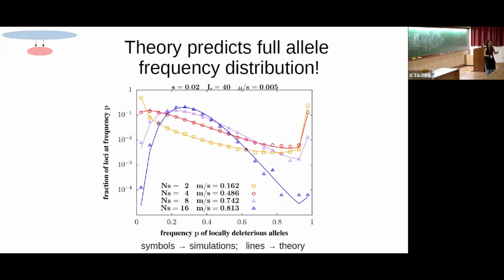So to say that something like heterozygosity or allele frequency is accurately predicted by effective parameters is one thing, but to say that the whole allele frequency distribution is accurately predicted by an effective parameter means that the underlying genealogy is not changed, really. It's just rescaled in this regime.